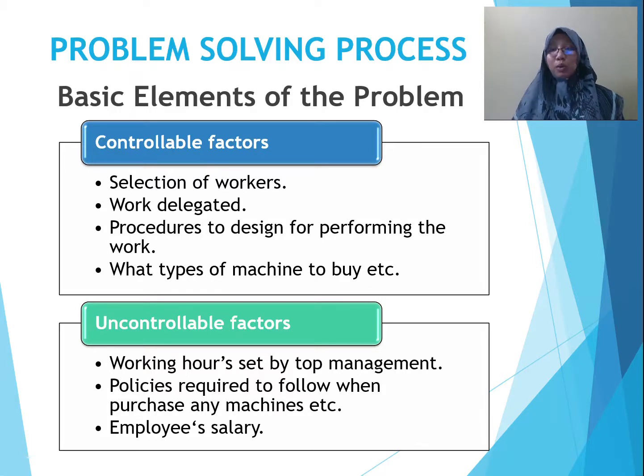And the next controllable factor is what type of machine to buy. For example, you have a new product in your company, and you need to know what machines are required to complete that new product. So these are the 4 controllable factors.